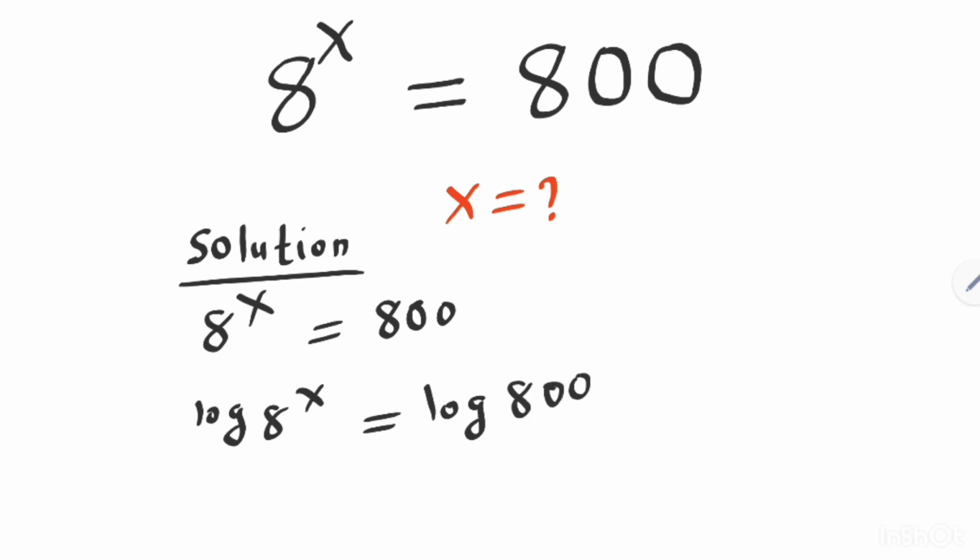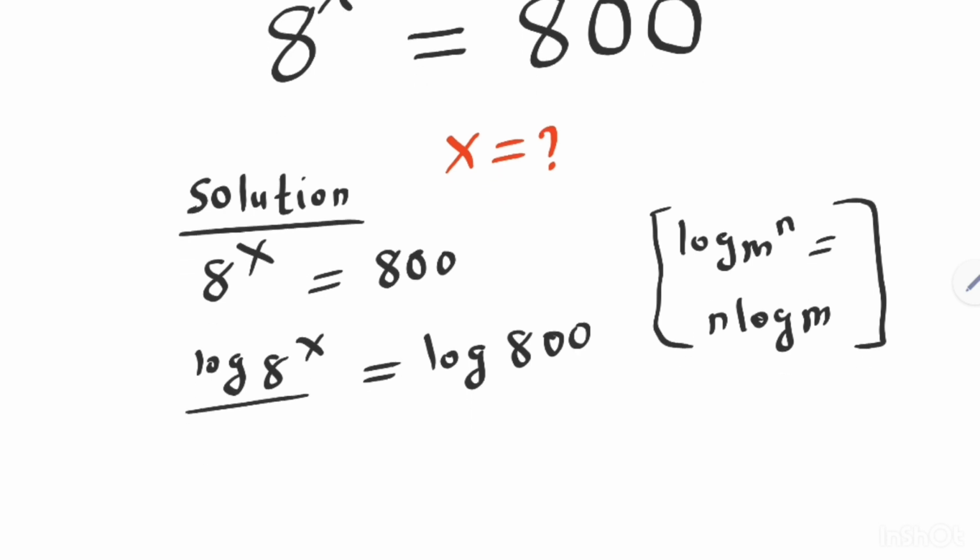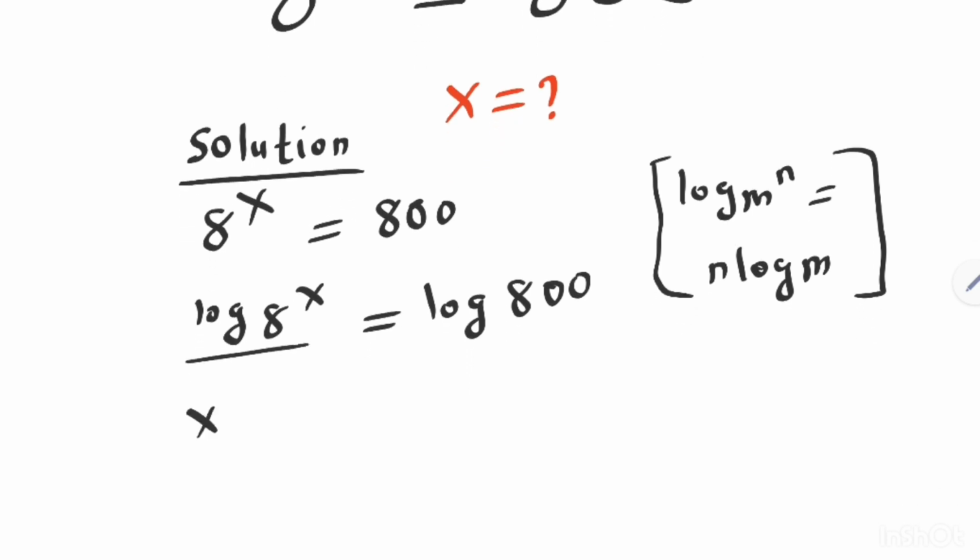Take note of this, that if you have log m raised to power n, this is equal to n log m. Then this can be written as x log 8 is equal to log 800.